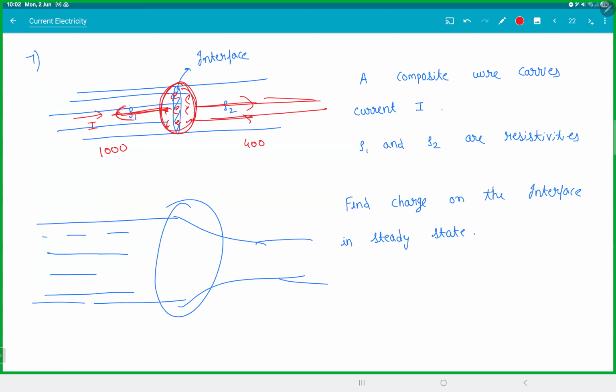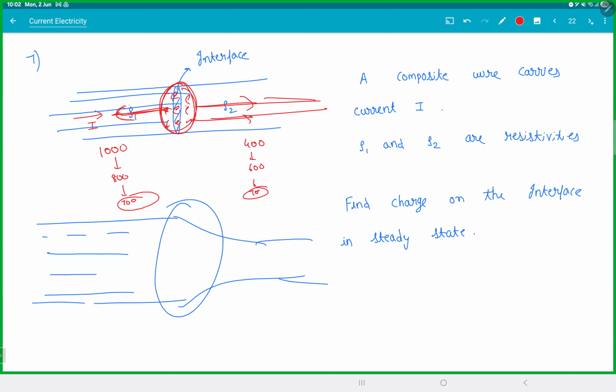Every second, 600 electrons will accumulate. As the charge accumulates, these will repel so strongly that 1,000 becomes 800, 400 becomes 600, and still electrons accumulate. This becomes 700 and this becomes 700. You reach a steady state, isn't it?